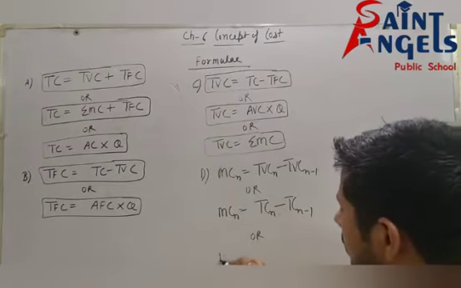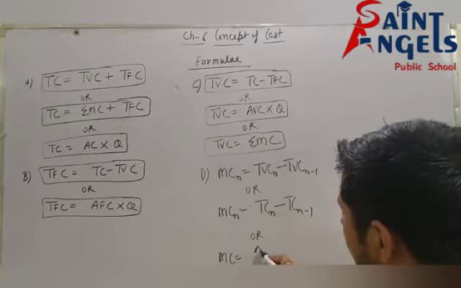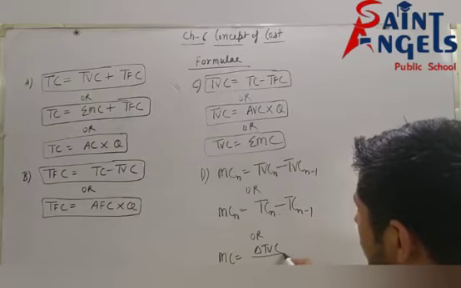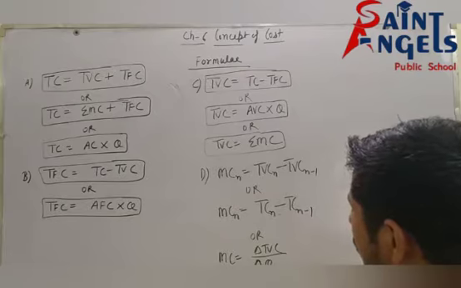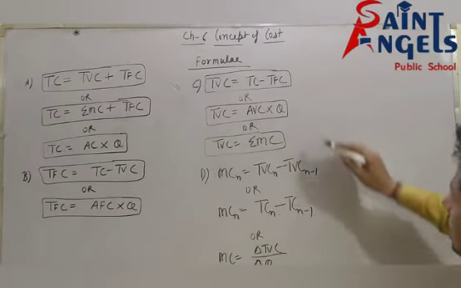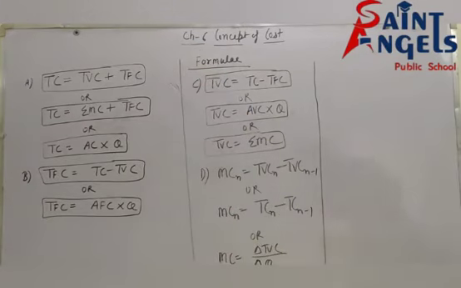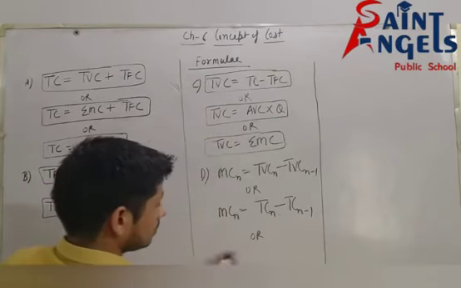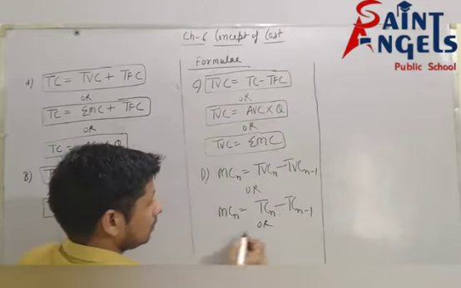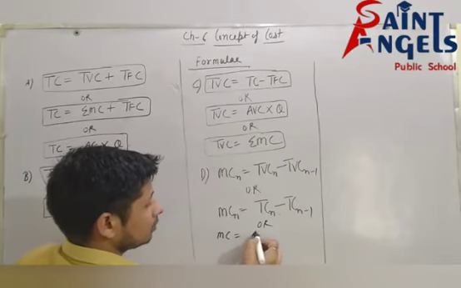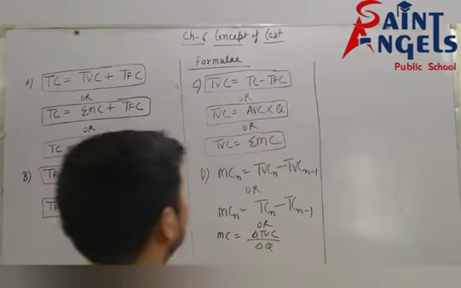Or you can write MC is equal to delta TVC on delta Q. Is it visible or not? Yes. See. Or MC is equal to delta TVC divided by delta Q.